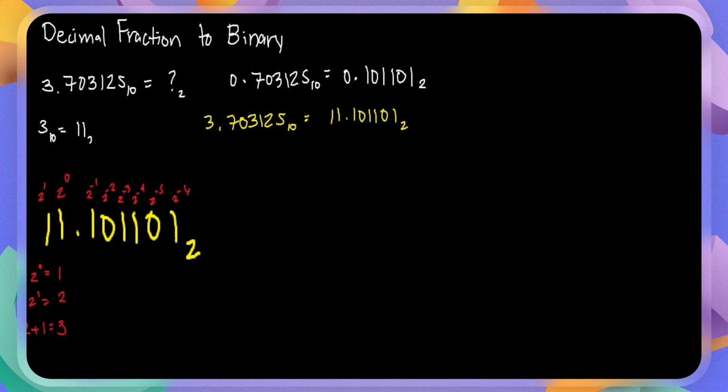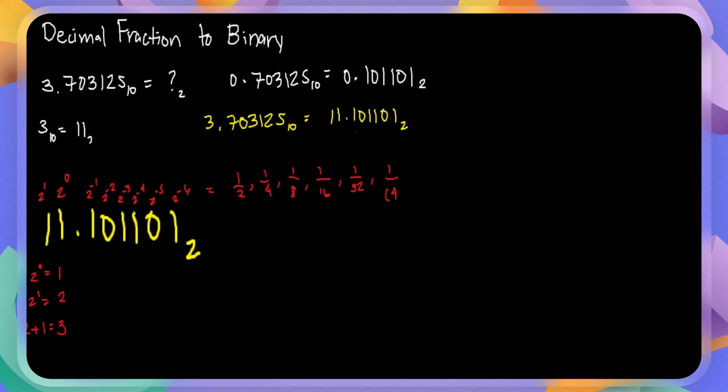And if you remember the rules for exponents, these can be written as 1 over 2, 1 over 4, 1 over 8, 1 over 16, 1 over 32, and 1 over 64.